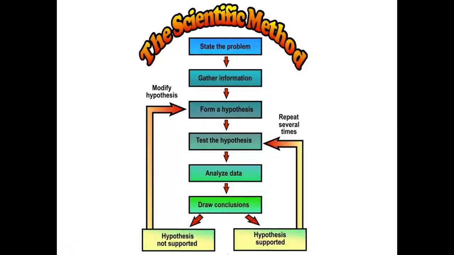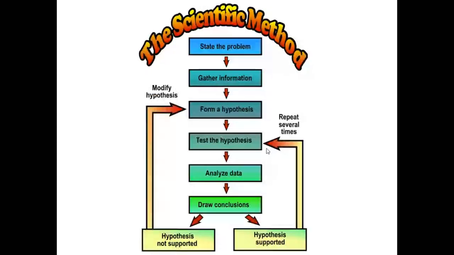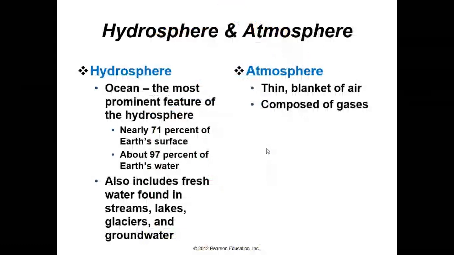If the hypothesis is supported, you still go back and repeat it a couple more times just to verify that it is correct. Any questions on the scientific method? All right, so then we'll go ahead and move on.